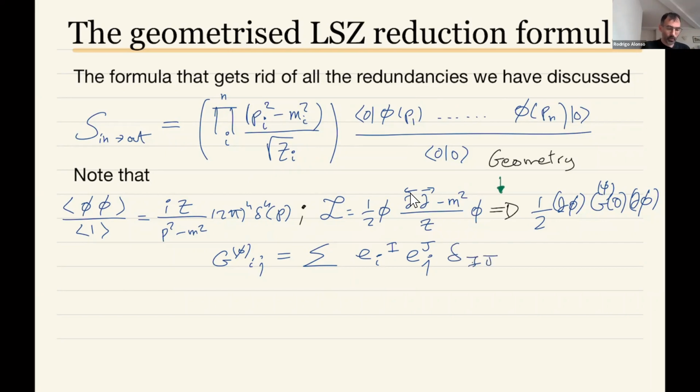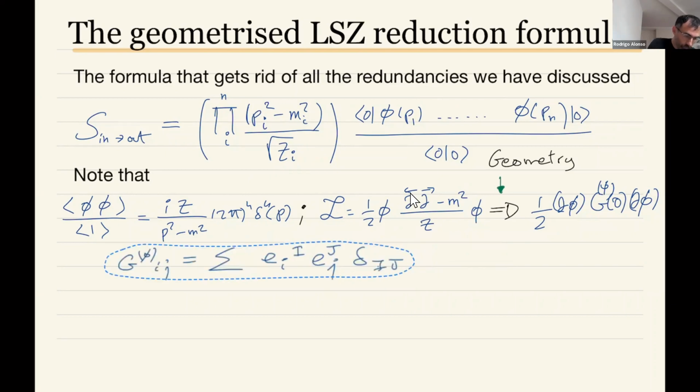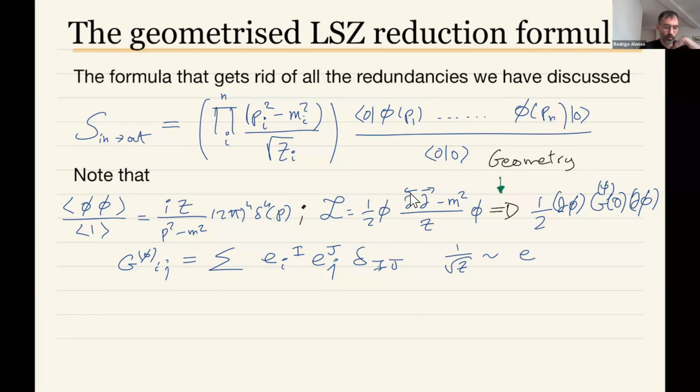So that what we have now as 1 over the square root of Z, in this analogy, will be that vierbein. I'm calling it E, but please don't mistake this for the number e, 2.718. This is just an object with two indices that takes us from curved space to flat space. That will take into account that normalization term.